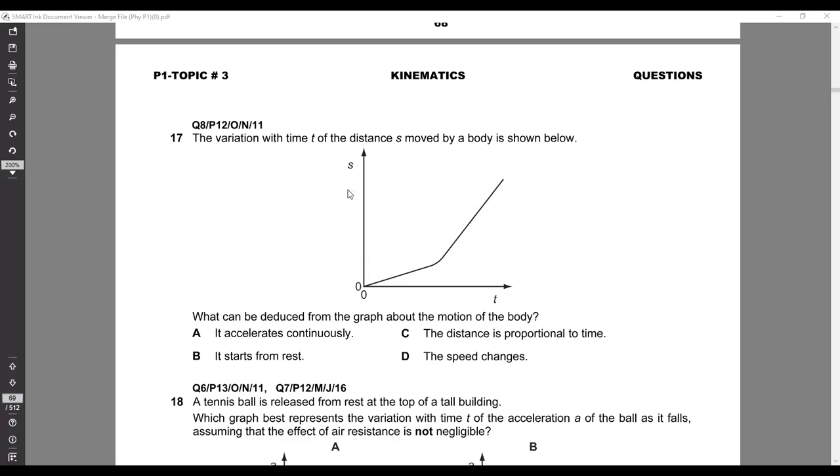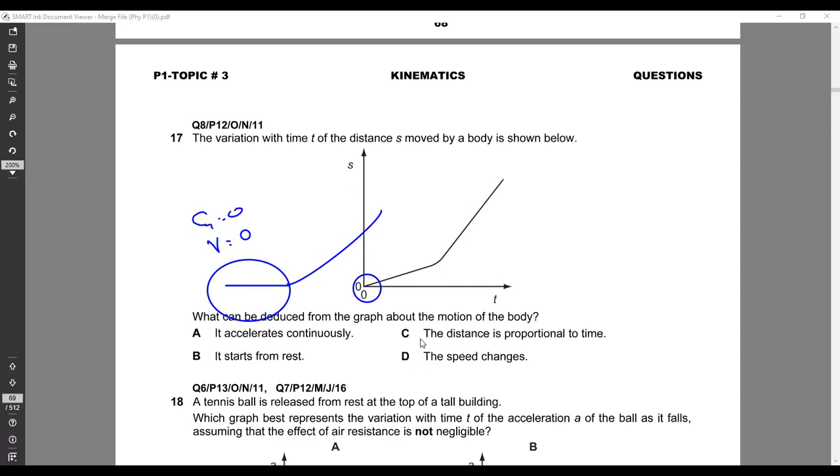Is the graph gradient horizontal at the start? The gradient gives you the speed. For speed to be zero, it starts from rest. It starts from 0 meters, but not at rest. Because if it is at rest, the gradient must be zero. The graph must go like this in the beginning. Is it like this? This is speed zero, gradient zero.